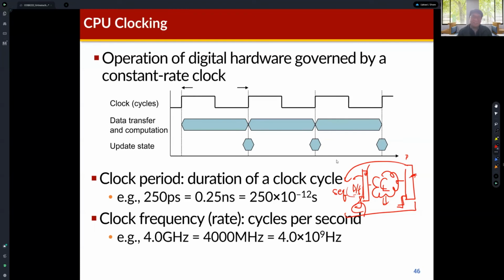Because CPUs require clock signals for operation, the clock frequency or clock period influences the CPU time, that's the response time of an application.